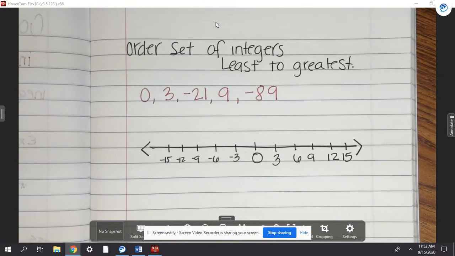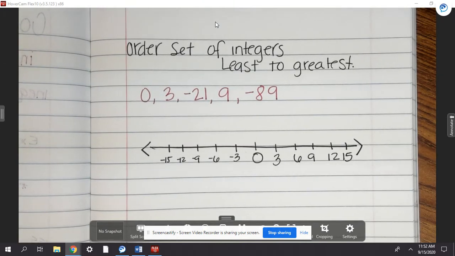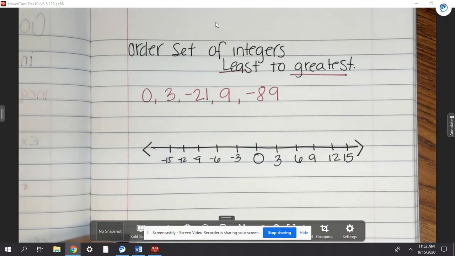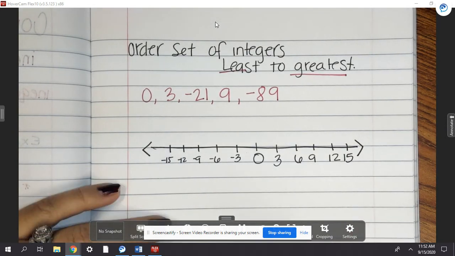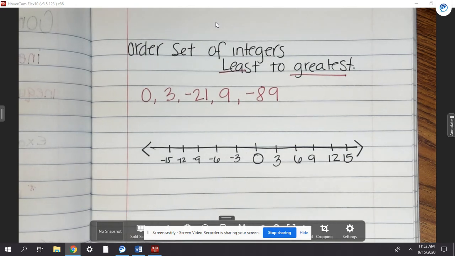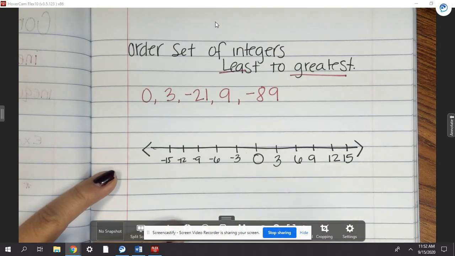The next thing we're going to do is order sets of integers from least to greatest. Again, we've done this before, but now we're adding negative integers. Using that same concept of a number line, I can write a number line and give my number line values that are going to help my situation. So I just went by threes.